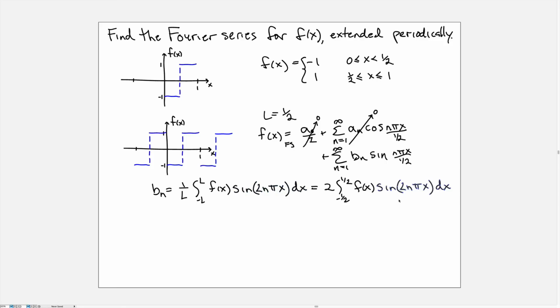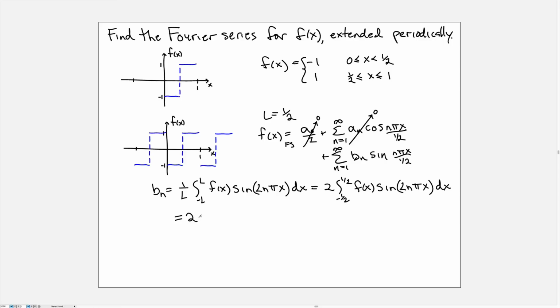So now we use a shortcut trick, and this will often work, especially when you're dealing with an even or an odd function f of x. You'll notice that if the function f of x is odd and the function sine of 2n pi x is also odd, their product will make an even function. And if you're evaluating the integral of an even function over a symmetric interval about the origin, then you can just calculate 1 half of that and multiply by 2.